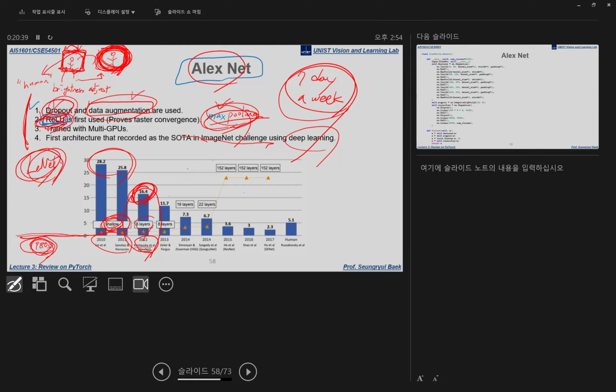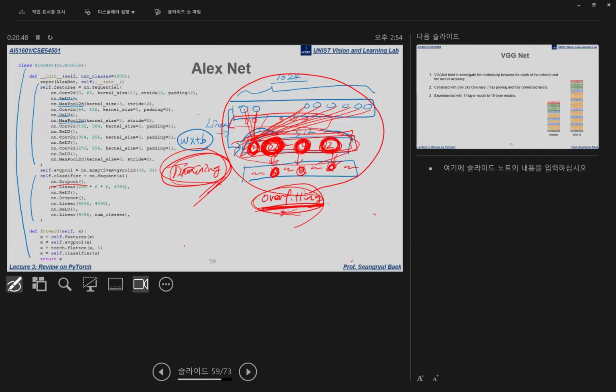So all of these techniques made this AlexNet successful. And yeah, this is the same definition of the AlexNet. Roughly their algorithms are similar to the previous.